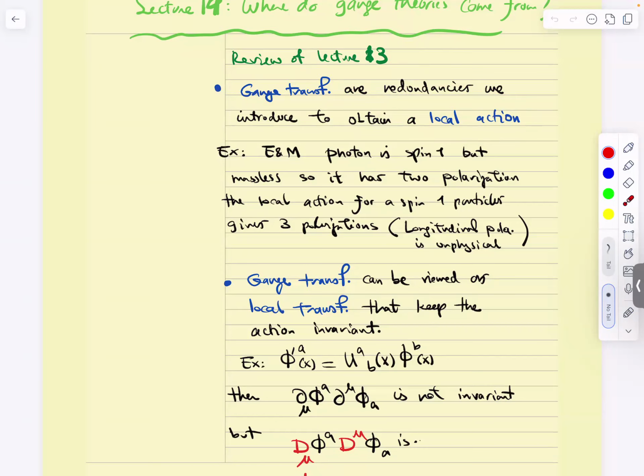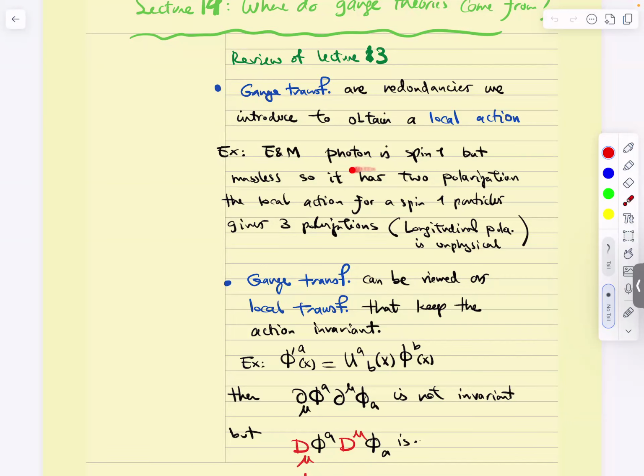Wilson loops is perhaps a better way of saying it. Because we insist on a purely local description, we achieve that by introducing some unphysical degrees of freedom called gauge degrees of freedom.